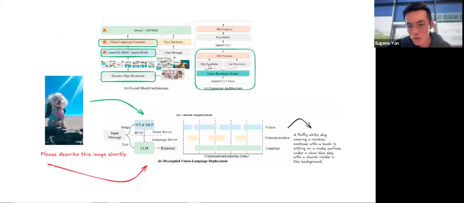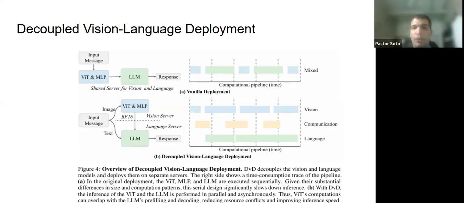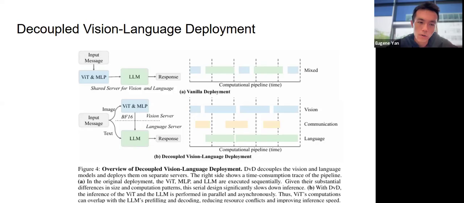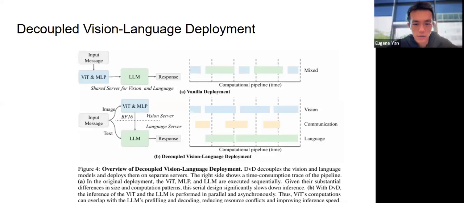Quick question on the previous slide. The main speed up on the language model side is that the encoding is now faster, is that it? Because the generation still has a dependency on the ViT and the MLP, right? In the lower half, the input message, the ViT and MLP is encoding the image and the LLM is encoding the text.